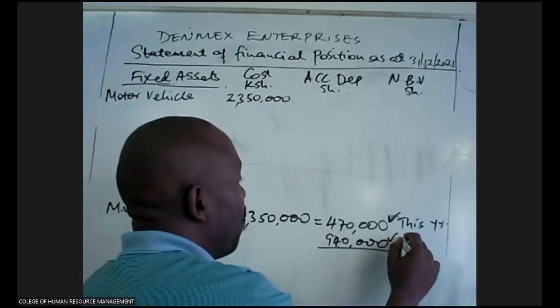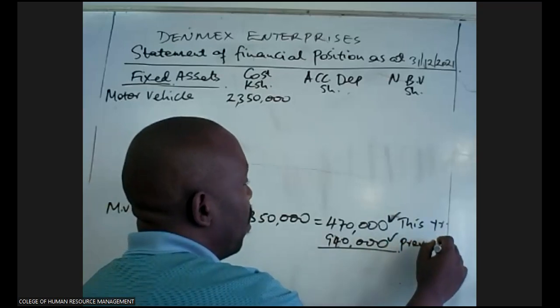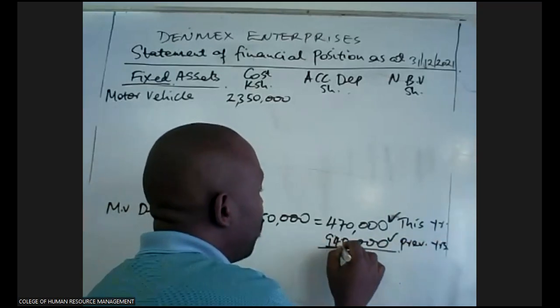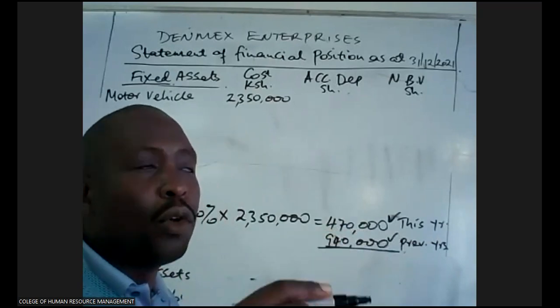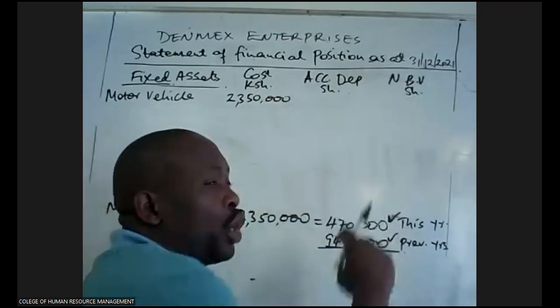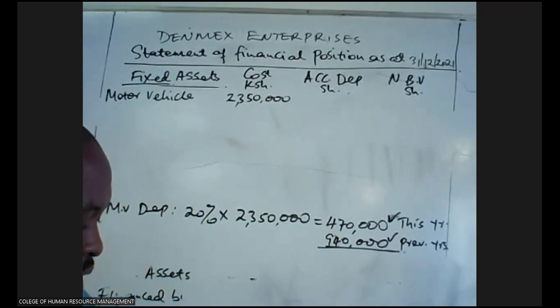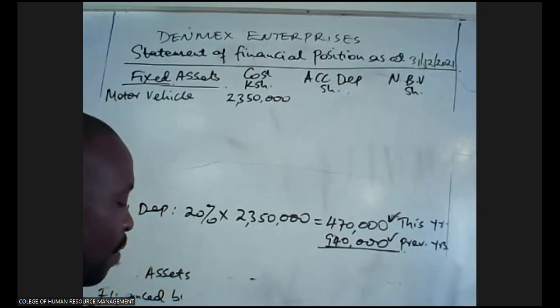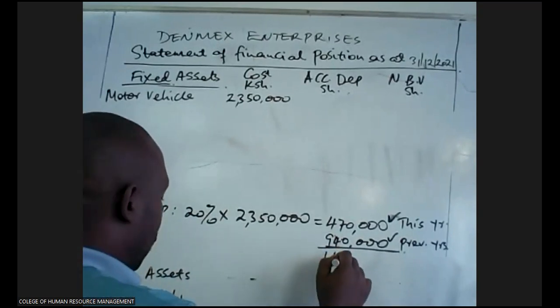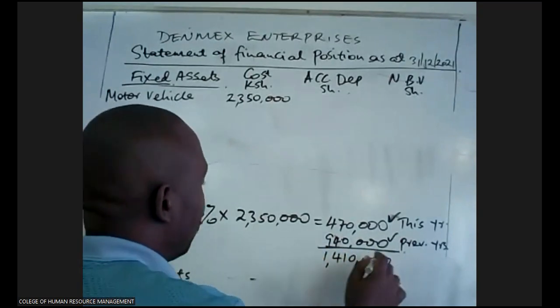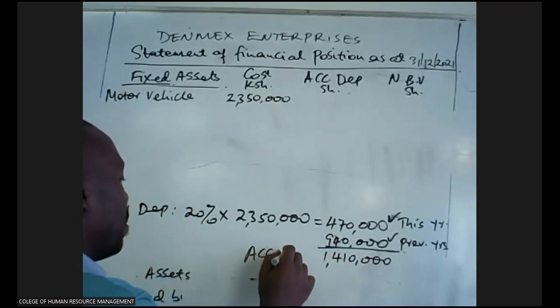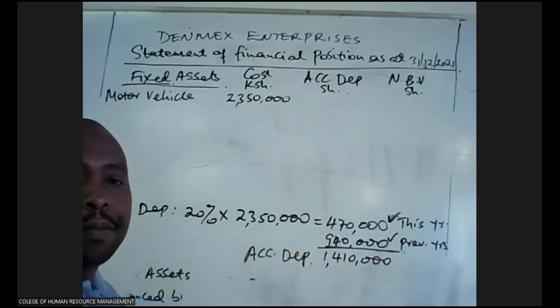This one is for previous years. So the total depreciation from when they were bought up to this date that we are reporting is 470,000 plus 940,000, which gives you 1,410,000. That is now the accumulated depreciation.